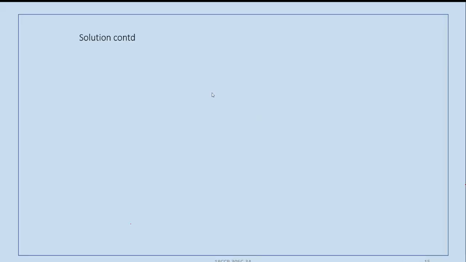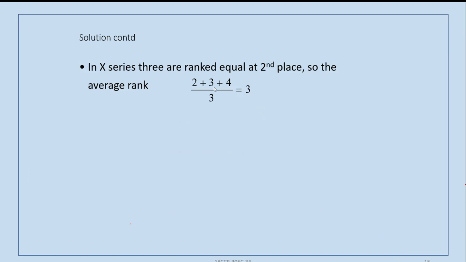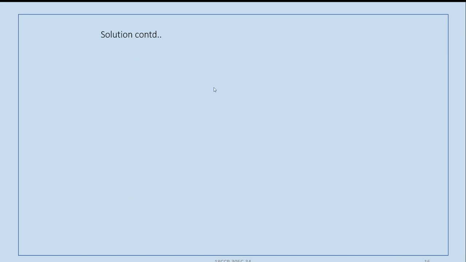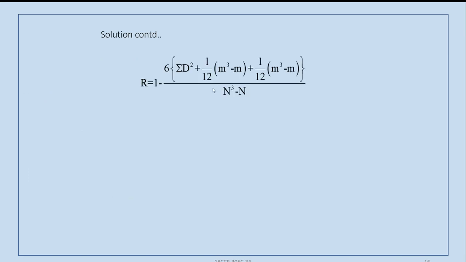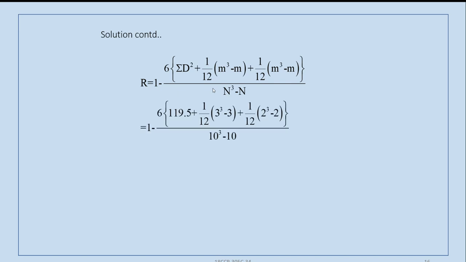Now we will substitute these values in the formula: 1 minus 6 into sigma d square plus 1 by 12 into M cube minus M, written 2 times because 2 ranks are repeated, divided by N cube minus N. So 1 minus 6 into 119.5 plus 1 by 12 into 3 cube minus 3 plus 1 by 12 into 2 cube minus 2.